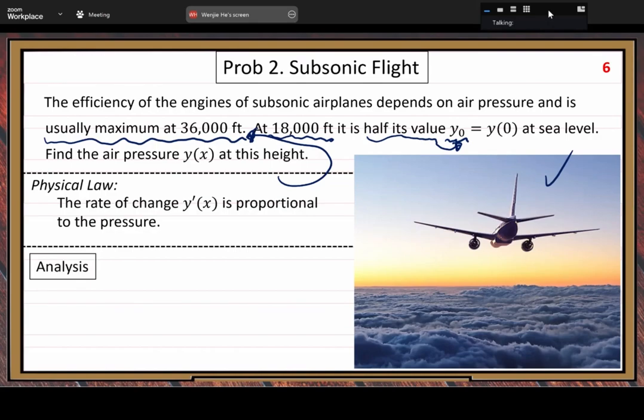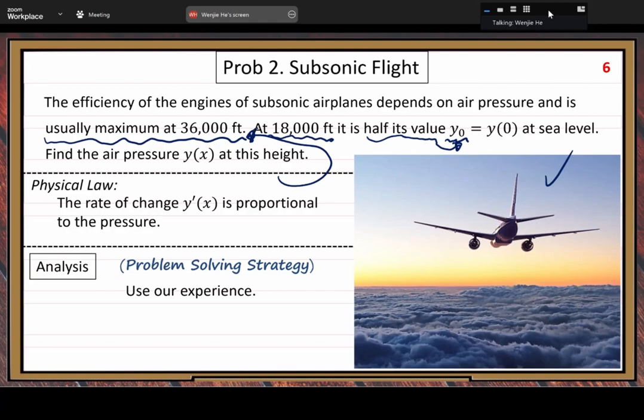Now, we need to set up an equation. Based on this physical law, let's write an ODE for this one. Here, apply our problem-solving strategy. Another simple strategy, but this time, our strategy becomes use our experience. Our 8.1 is our experience.